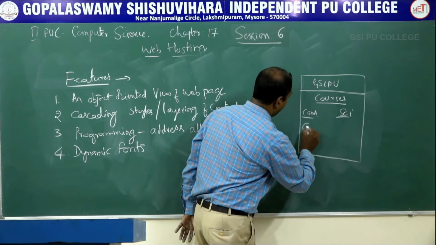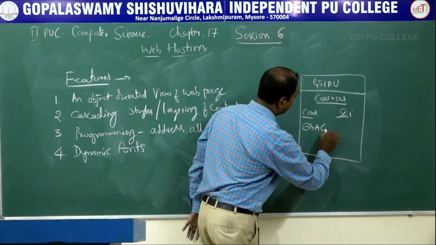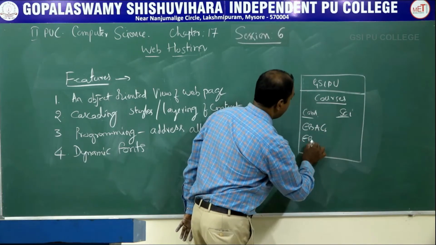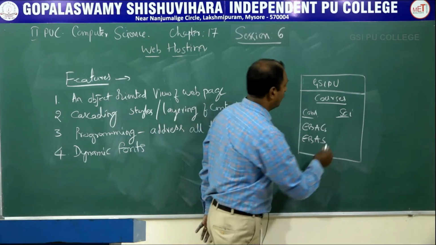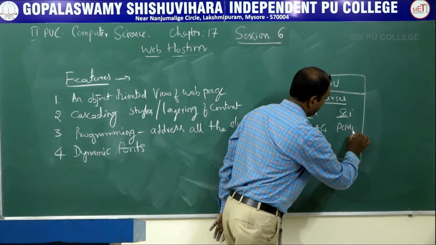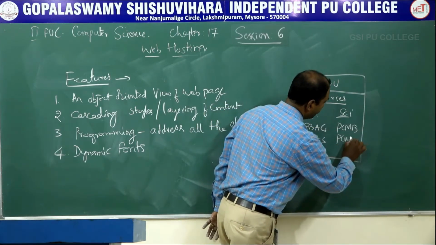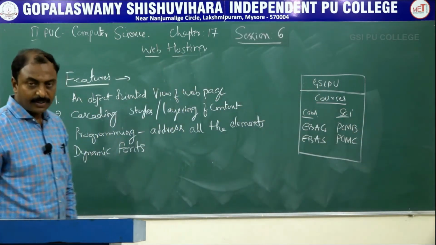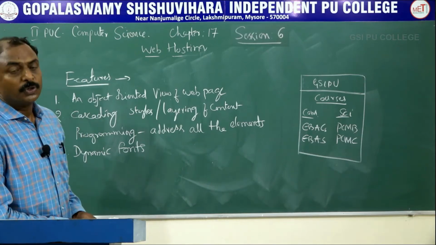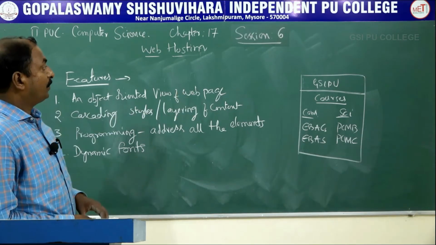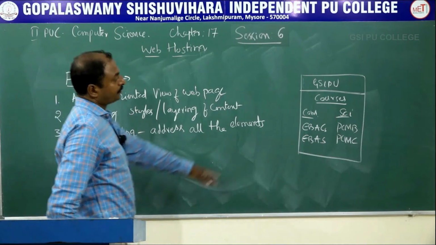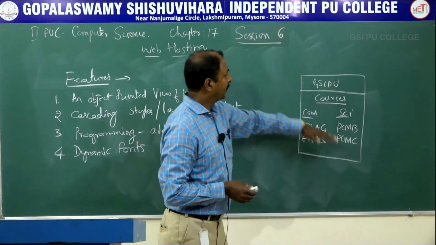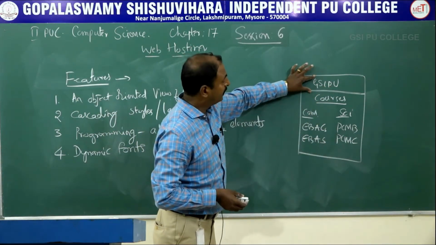Under this we have EBACS, EBAS, and here PCMB, PCMC. Just imagine you have a website like this. If you look at the website, you may find a heading like this.